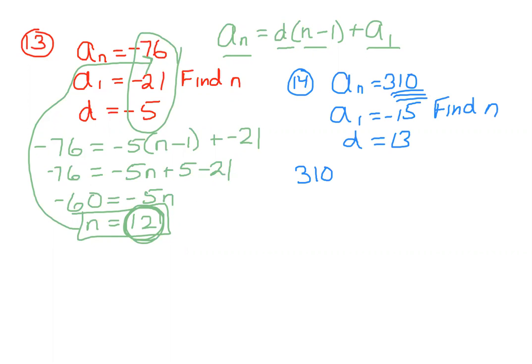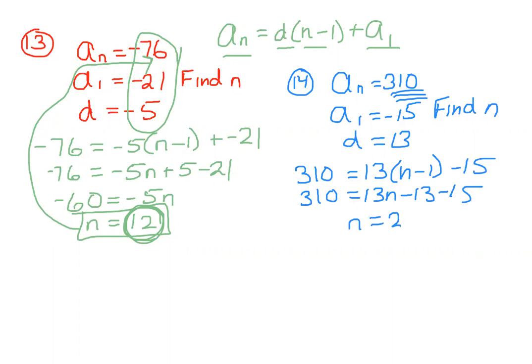So we say 310 equals D times N minus 1 plus A1, which is negative 15. So go ahead and solve this, and you should get N equals 26 when you solve all that. So 310 is the 26th term.